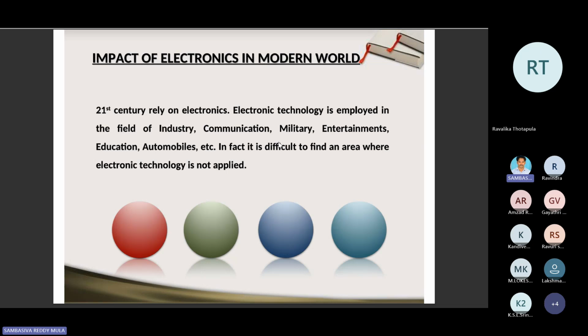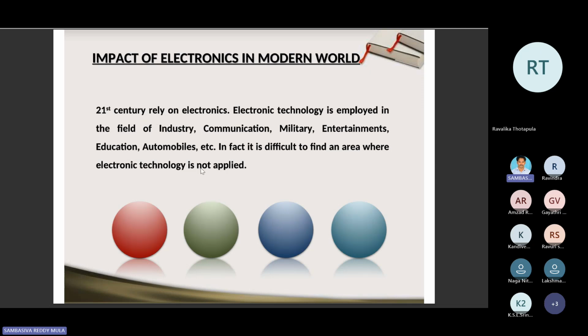Those technologies are introduced, so electronics has become a part of our life and made life easy in several ways, like Amazon's Alexa. Many features, much software evolution, many devices have evolved. So the 21st century relies on electronics.